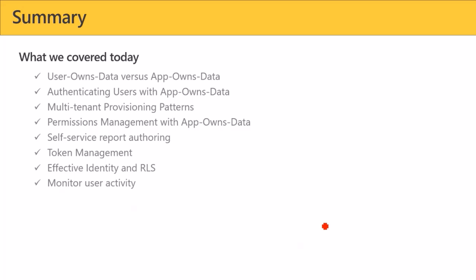We walked through a lot of the guidance in the app owns data starter kit: provisioning content, provisioning tenants, managing permissions, allowing self-service reporting, and then some other important issues: token management, row level security, and monitoring usage. So that's what we have today.